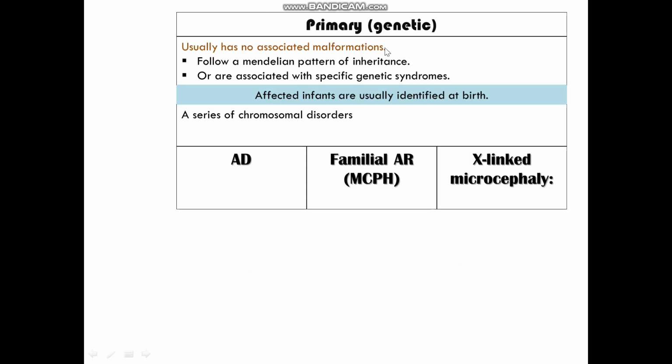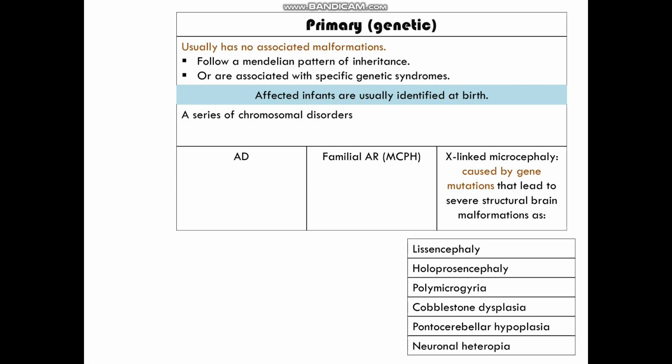Speaking about the primary or the genetic type of microcephaly, it includes some other subtypes which are autosomal dominant, familial or autosomal recessive type, and X-linked microcephaly. Speaking about the incidence, the familial or the autosomal recessive type is more common than the autosomal dominant, which is more common than the X-linked microcephaly.